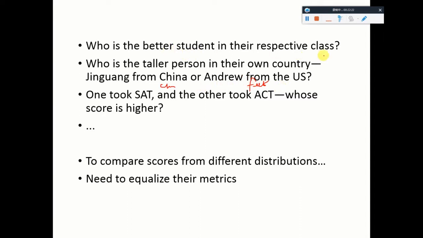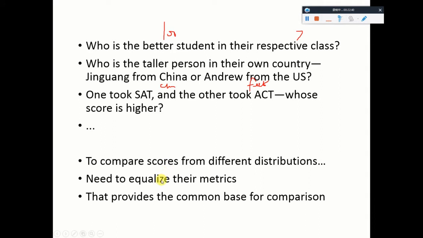Students from different classes may use a 100-point scale, some may use a 7-point scale, some using other kinds of scales. SAT and ACT also have different metrics. So in order to make all these scores comparable, we need to equalize their metrics.